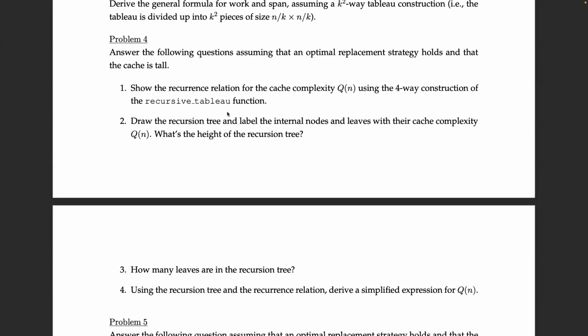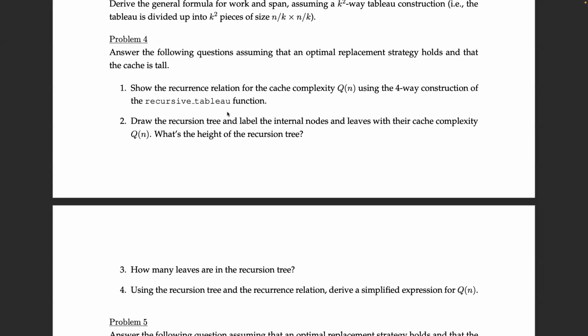And so how do you get the number of leaves of the recursion tree? You have the fan out and you have the height before the cache analysis ends. So you do fan out raised to that height, which is 4 raised to log n minus log m.